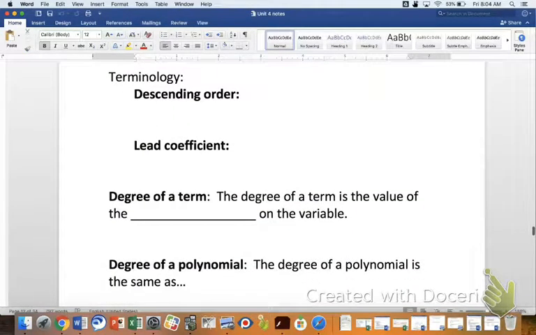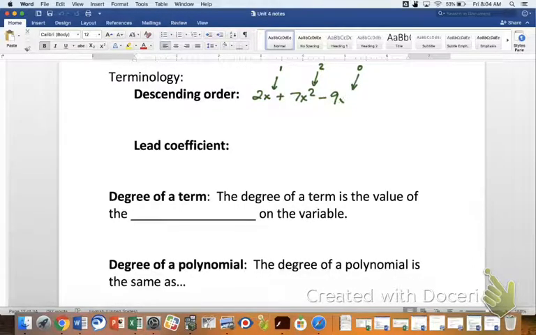Okay, so the first term here is descending order. Descending order has to do with the exponents. So if I had a polynomial that was, say, 2x plus 7x squared minus 9, I would say that that is not in descending order, because notice that the exponents on the variables go from 1 to 2 to technically 0. The exponent on that variable is just a 0.